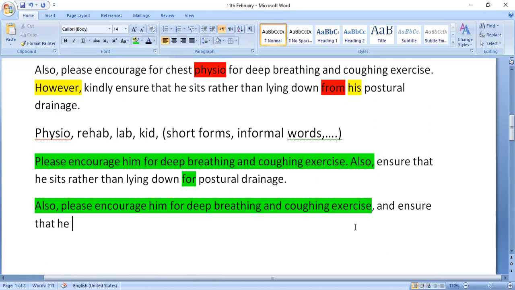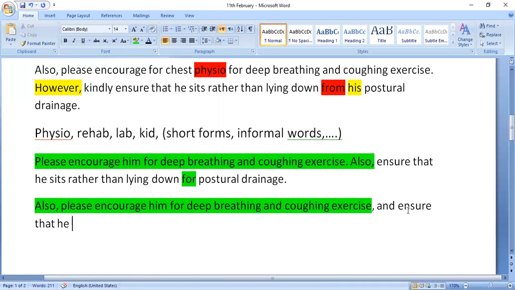Please encourage him for deep breathing and coughing exercise and ensure that he sits, to facilitate postural drainage, is also okay. "Kindly" is a little bit informal, but not wrong.